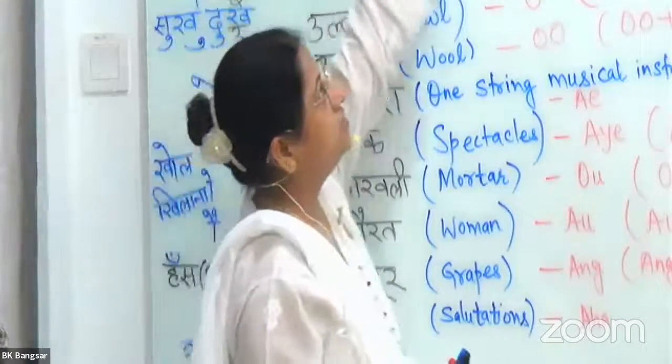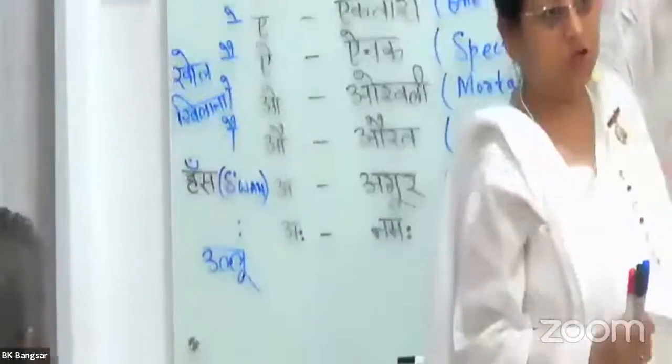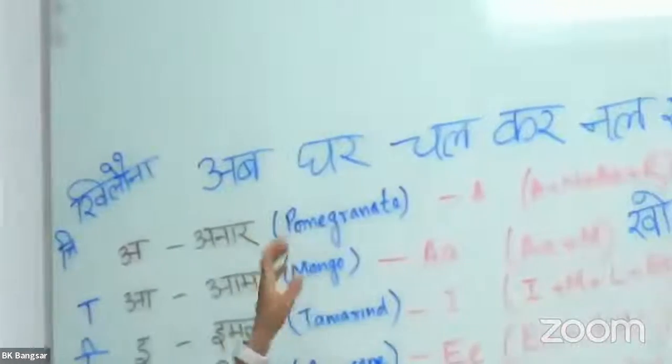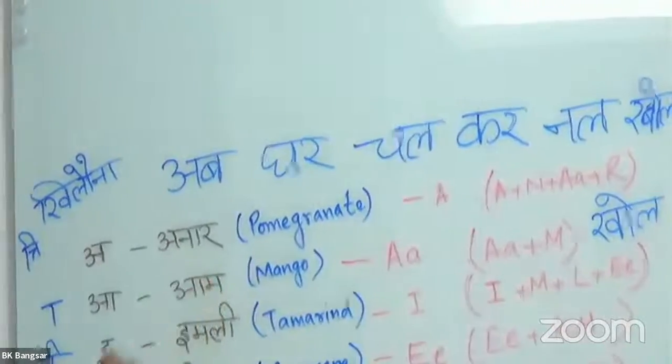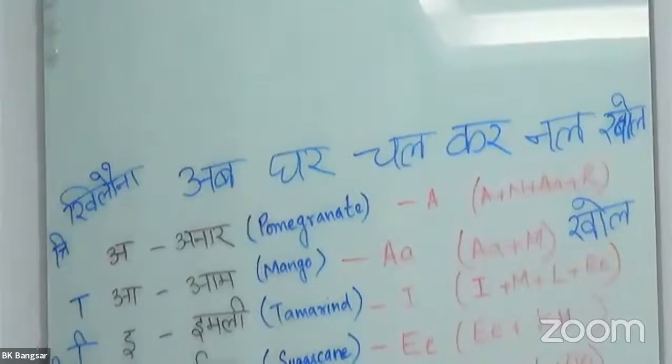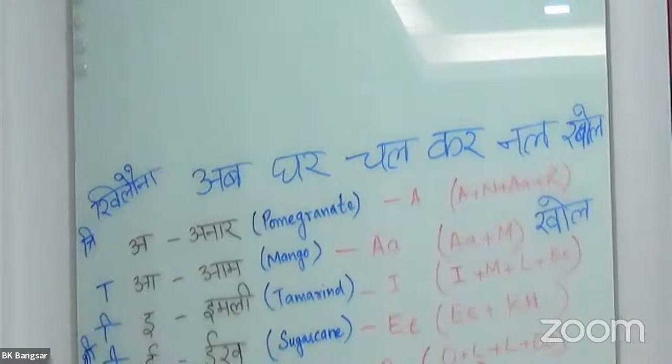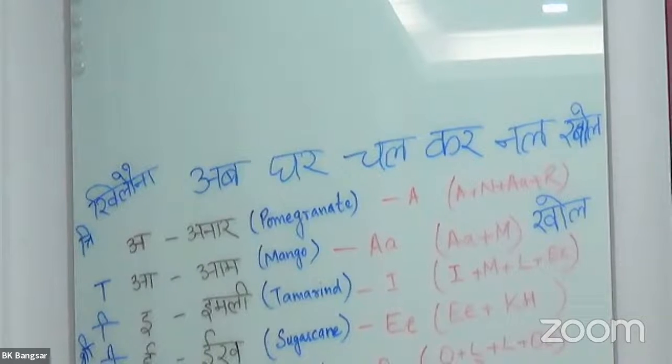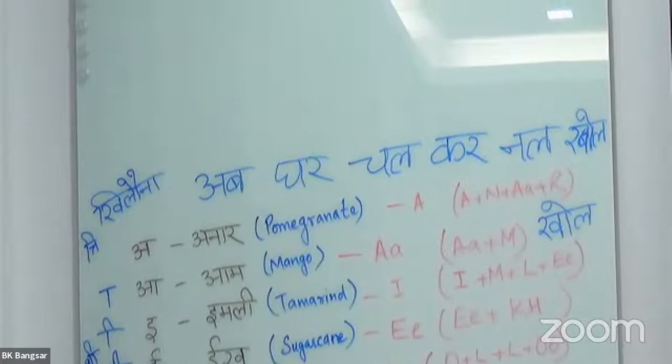अब घर चल कर नल खोल. चल कर नल खोल. नल खोल. Go home and open the tap. Right? Now you just see the words k and l.